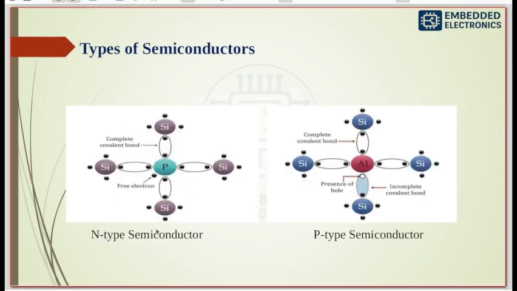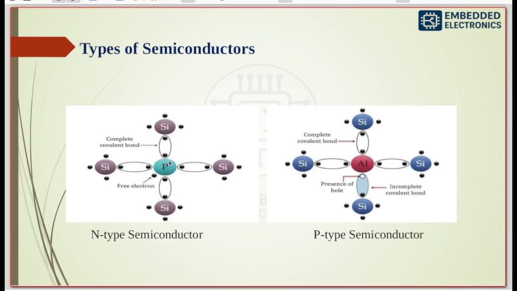This is the n-type semiconductor and this is the p-type semiconductor. The pure silicon is changed by adding small impurities. See here, this is the n-type semiconductor. Here we added phosphorus. But phosphorus is pentavalent, so it has 5 electrons, but silicon needs only 4 to bond.